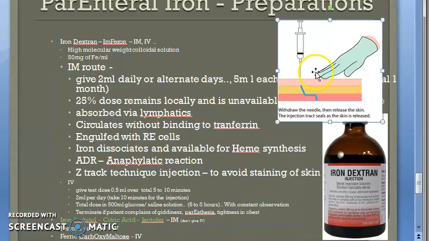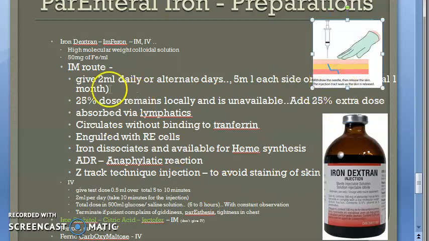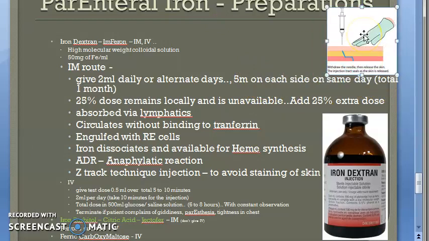They give it by the Z-track technique to avoid staining of the skin. Basically you will give 2 ml daily or on alternate days, or 5 ml on each side. It is not given all at once; over a period of 1 month probably they'll give it. The thing with the IM route for iron dextran is that 25% of the dose remains local, so you always have to give 25% extra than what you calculated as the required dose.